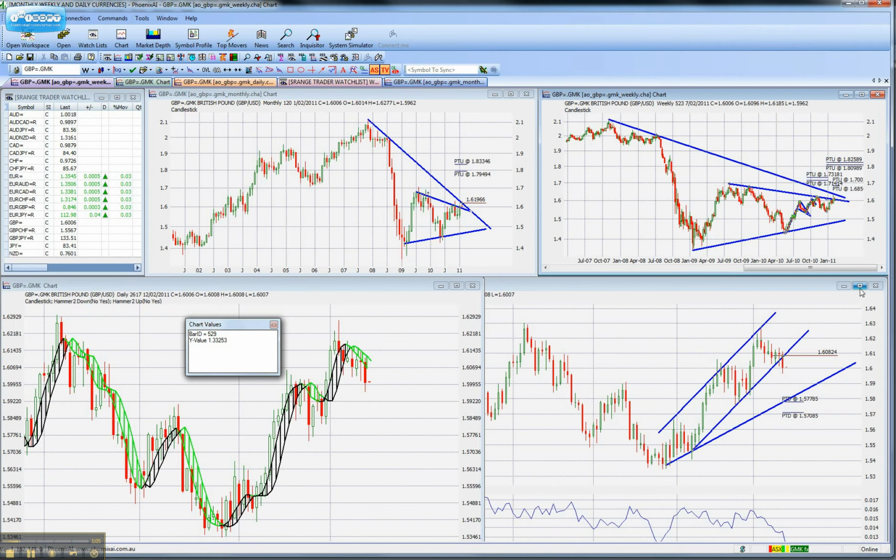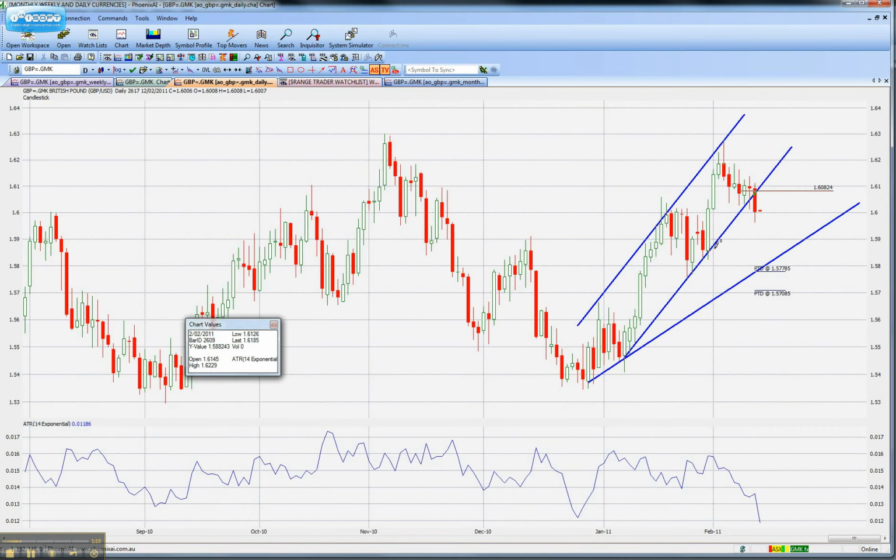Now on the daily we have a break, and that break gives me a target of parity 57.78 to parity 57.08. I would pretty much say that the first target is more relevant, and you could see it stall at basically parity 58.35 area.